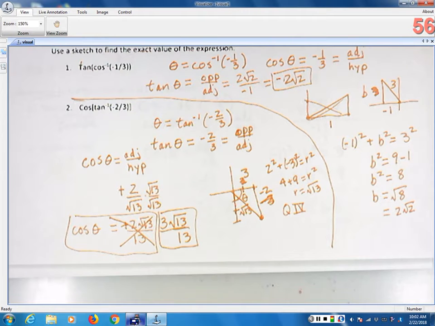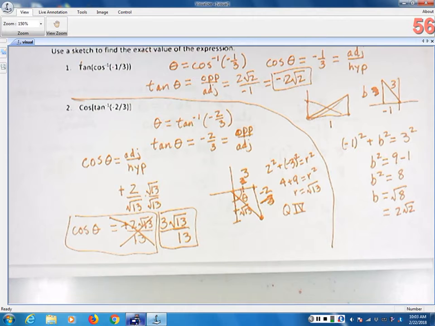Did you have questions? I don't understand how you do this. Tangent is opposite over adjacent. You always draw your angles against the x-axis.